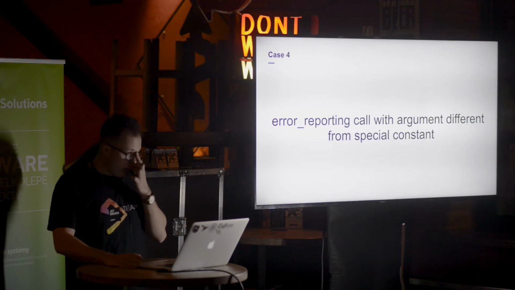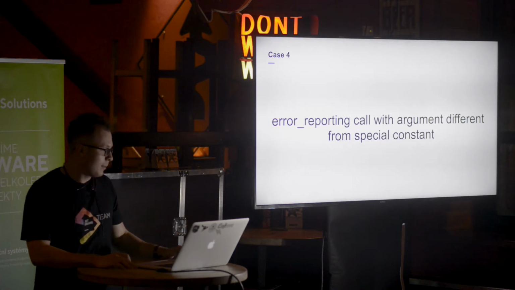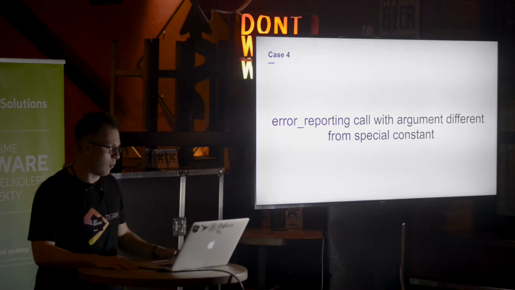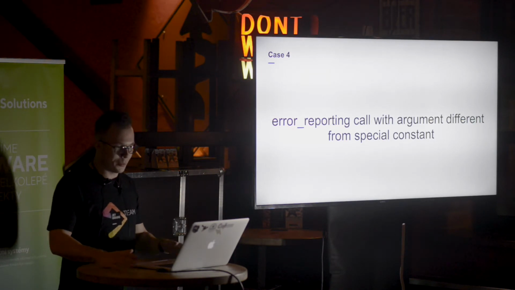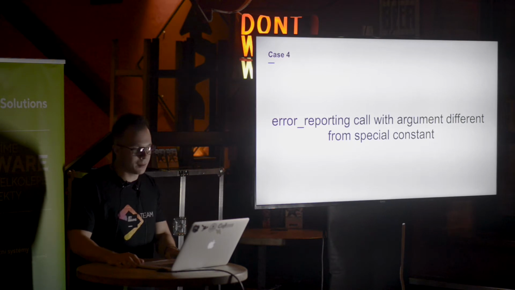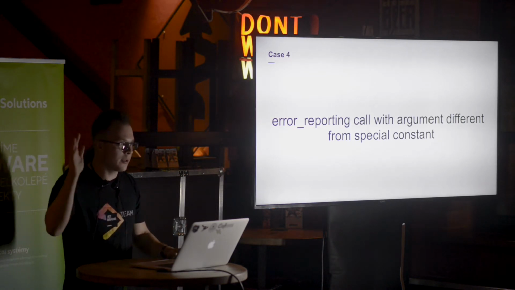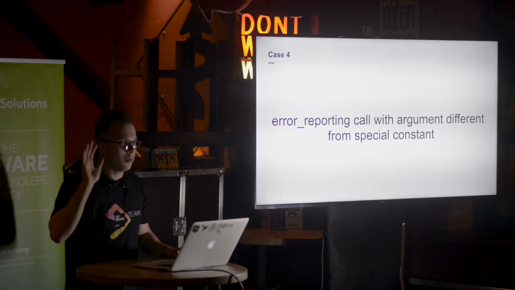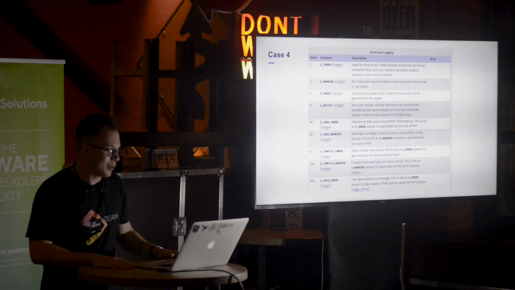All right. Last case, but not least, sounds complex: error reporting call where the argument is different from a special constant. How many of you are familiar with the standard library function error_reporting in PHP? It's not so tough.